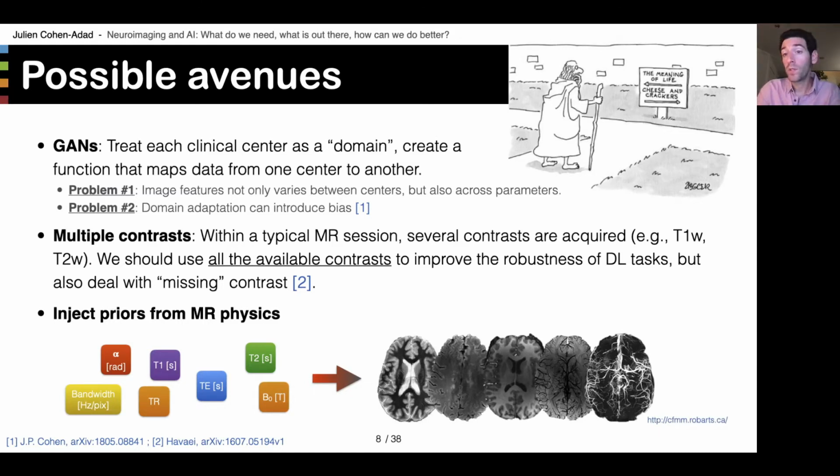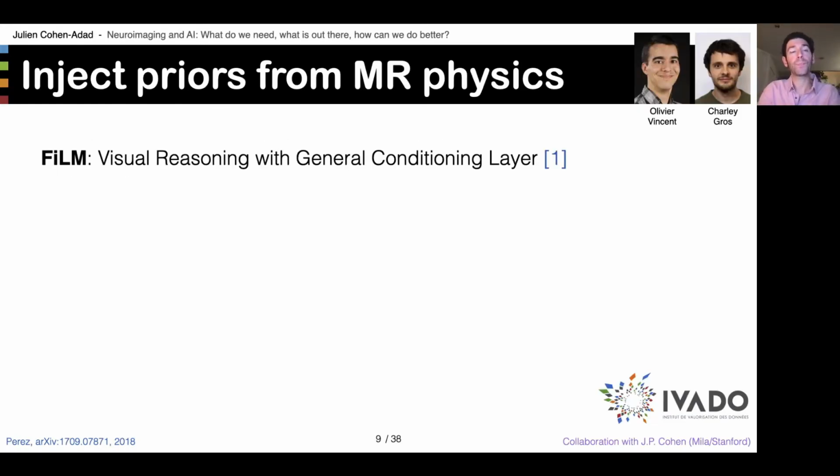So why not introduce them in the model training so the model would learn how these parameters affect the image contrast? So this is something we're currently working on, and I'll show you some preliminary results.